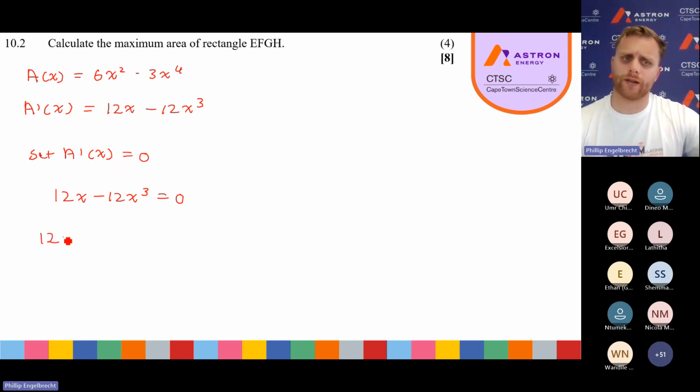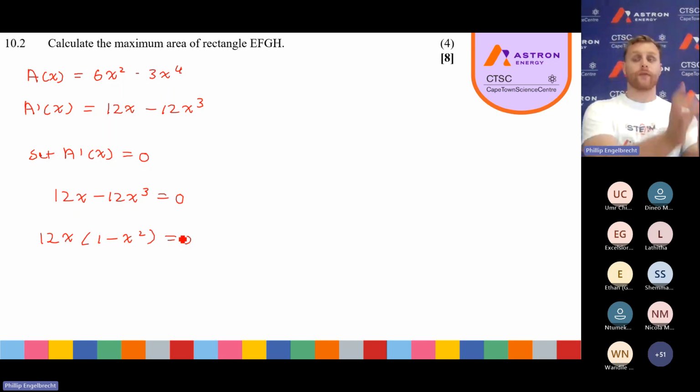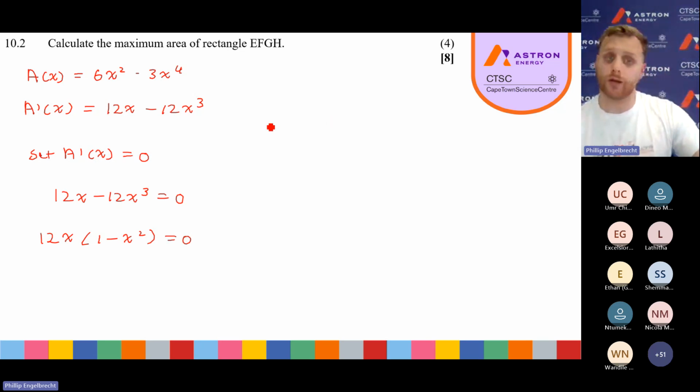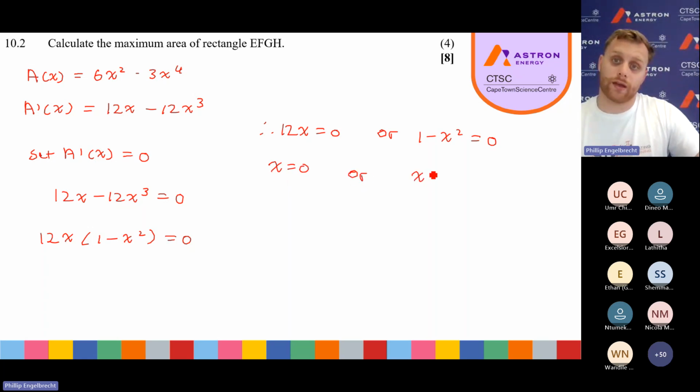Now what do I do? I can factor out a 12x, and I'm left with 1 minus x squared is equal to 0. Now look here, we have a bracket multiplied by a bracket equal to 0. So that therefore means that 12x is equal to 0, or 1 minus x squared is equal to 0. Over here, x just equals 0, or x squared is equal to 1. So therefore, x is equal to plus or minus 1.